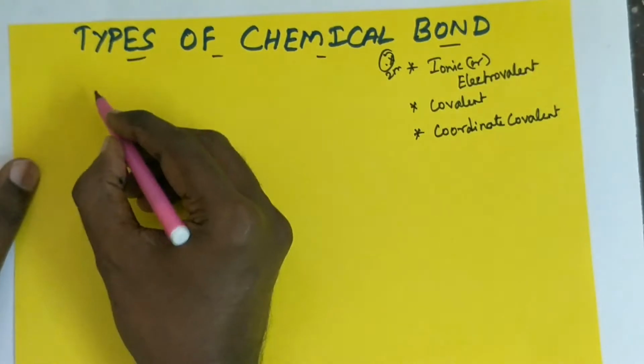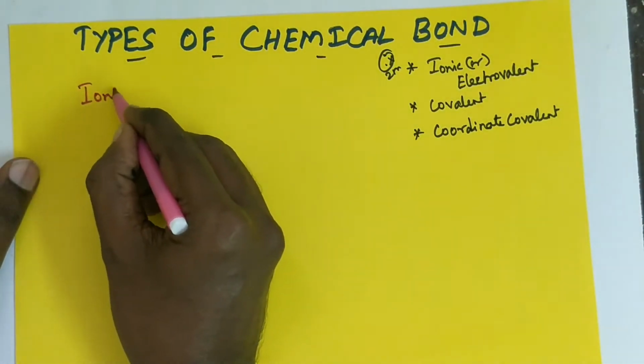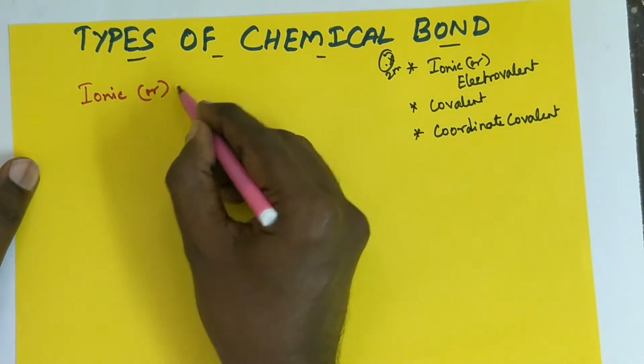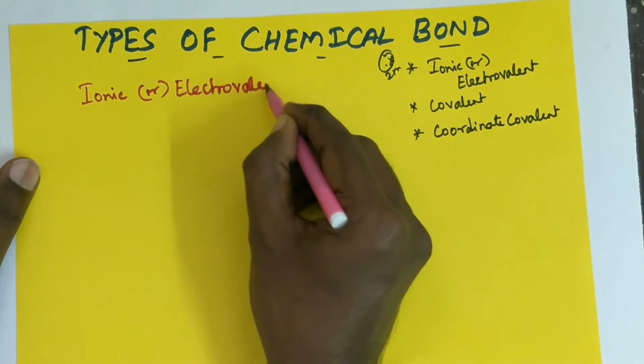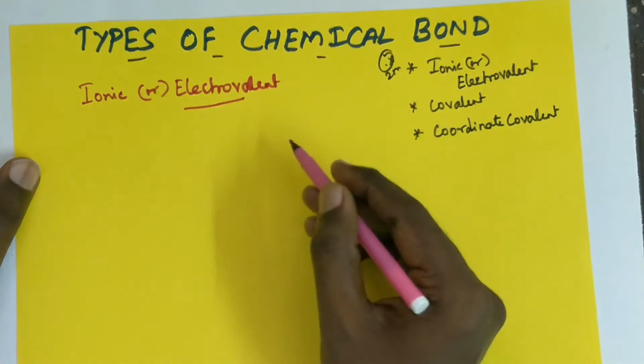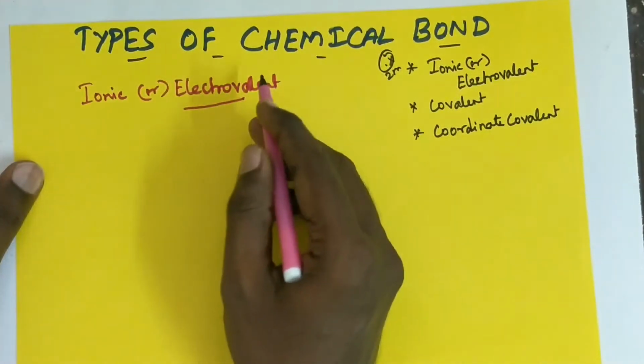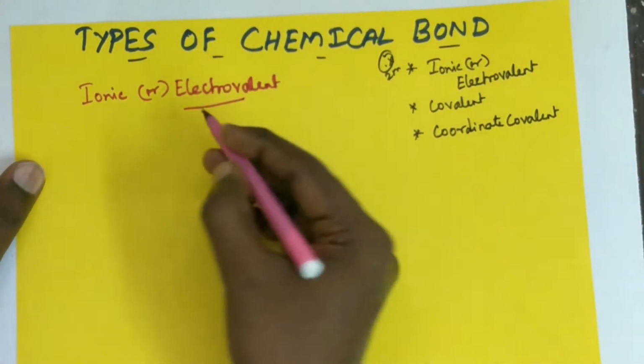First you will see ionic or electrovalent. This type of bond is formed by electrostatic attraction.